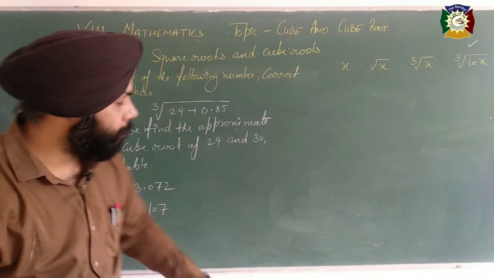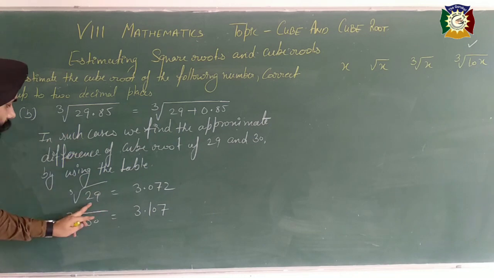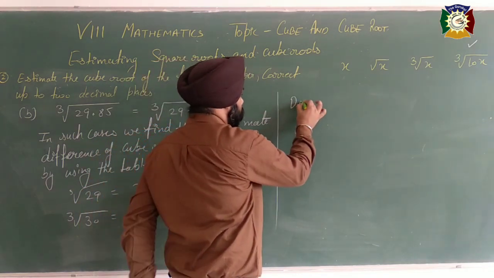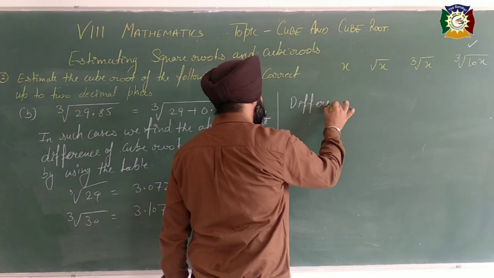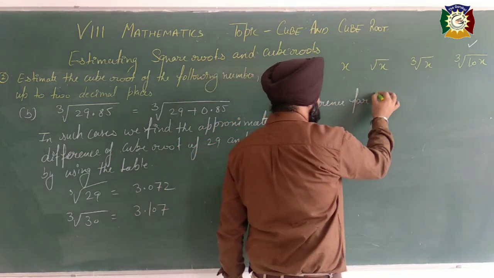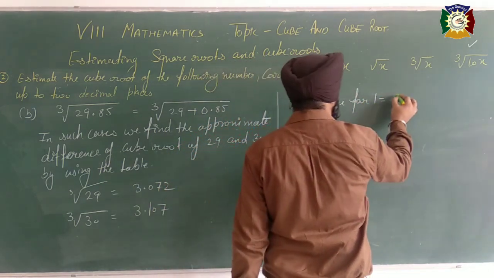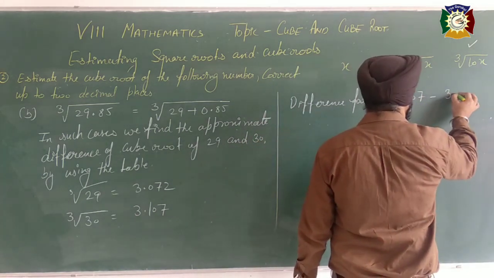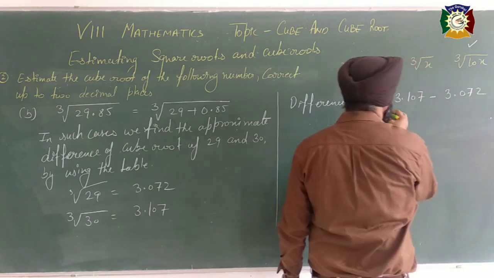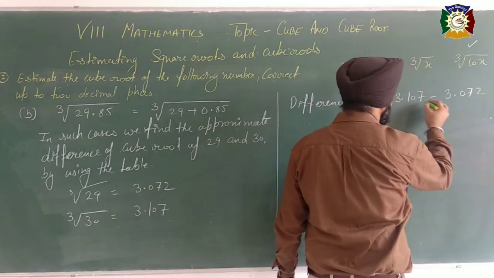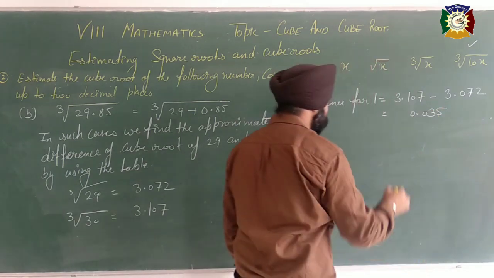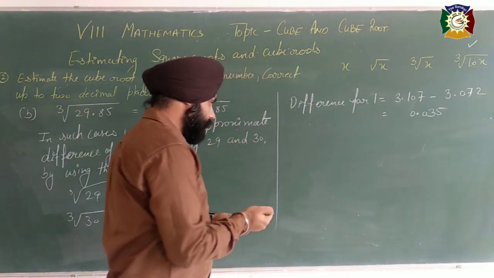As the difference between 29 and 30 is 1, first of all we find the difference for 1, which is 3.107 minus 3.072. Subtracting, we get 0.035. So this is the difference for 1.